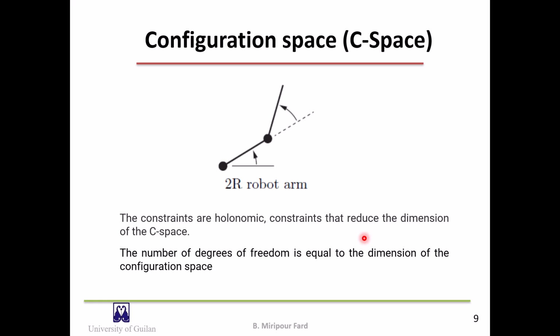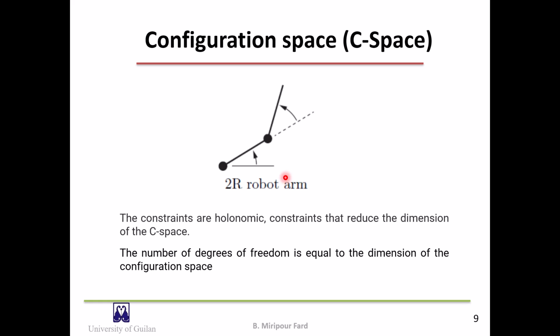If we only had two links without joints, we would need 6 parameters to represent their configuration space, 3 parameters for each link. When these links are connected to each other and to the ground by joints and form a robot, the representation of the configuration space requires 2 parameters, namely Q1 and Q2.